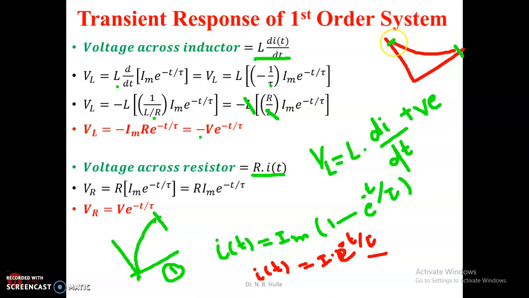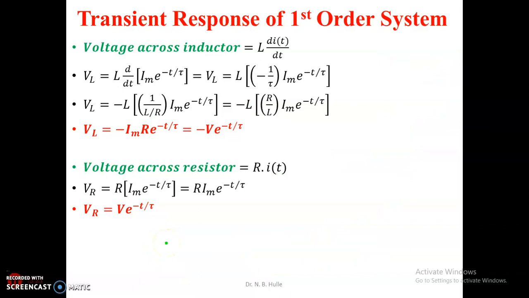Initial value is larger and final value is smaller because it is decaying of the current, the discharging of the current. The final value of the current is 0 and the initial value is Im, so 0 minus Im gives di, a negative value. That's why the voltage developed across the inductor will be negative.